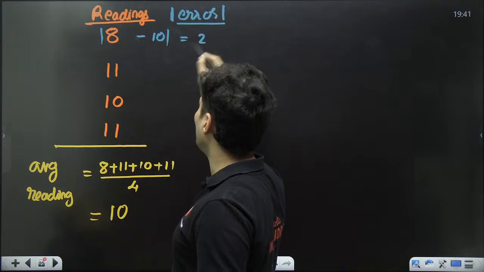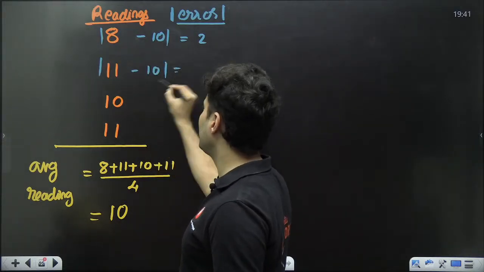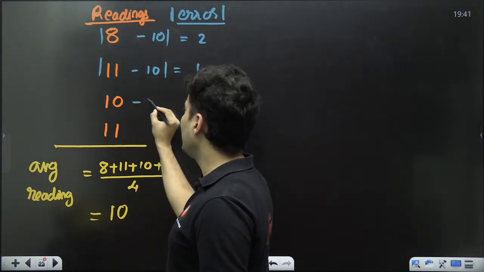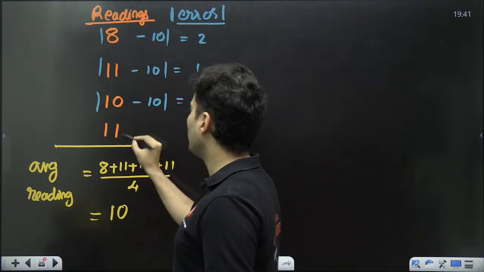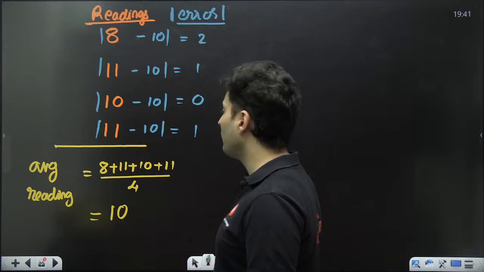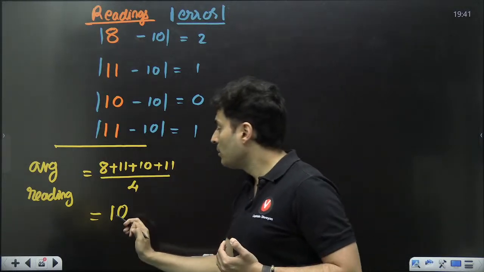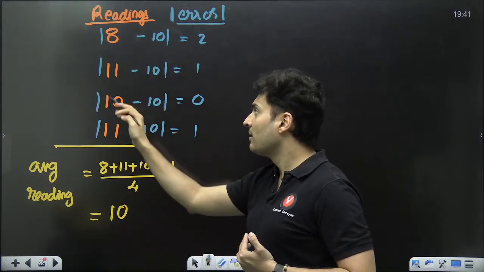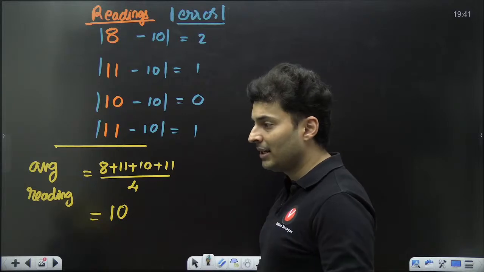It's just going to be 2. 11 minus 10, the mod value is 1. 10 minus 10, the mod value is 0. 11 minus 10, the mod value is 1. So it's the error. That means you are deviating from the most probable value by 2 units, 1 unit, 0 units, 1 unit.